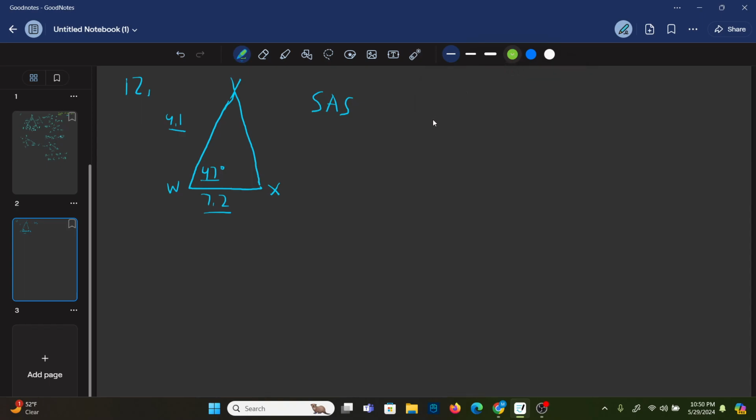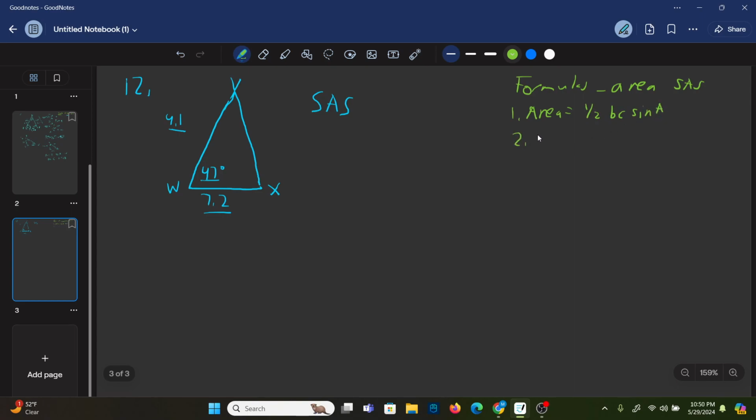The first formula is area equals 1/2 bc sine of angle A.